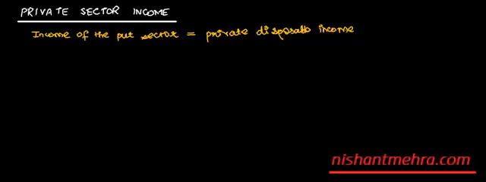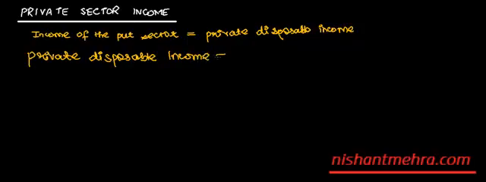Well, this is a very simplistic definition. Let me give you a proper definition of private disposable income. So I'm sorry for the bad handwriting. So, private disposable income is equal to what?